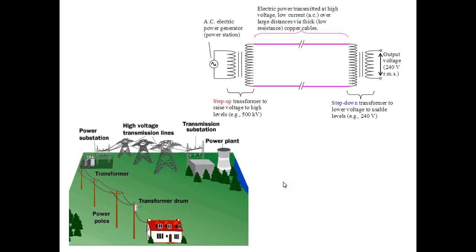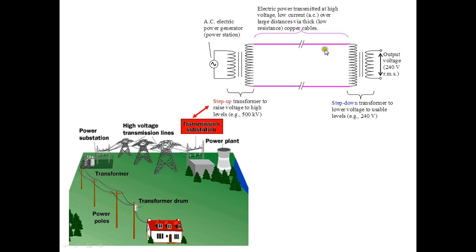So let's look at the schematic with the picture. After your power plant has produced the power, producing an alternating voltage, your transmission substation will actually step up the voltage to a higher voltage to transmit along these high voltage transmission lines.